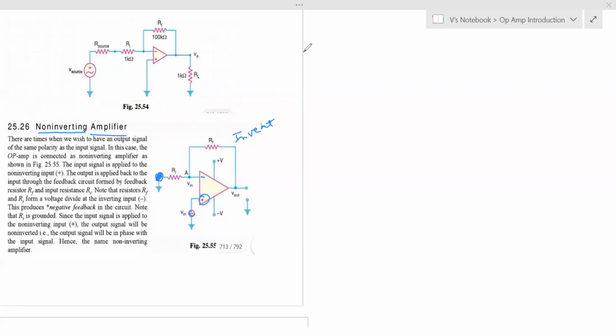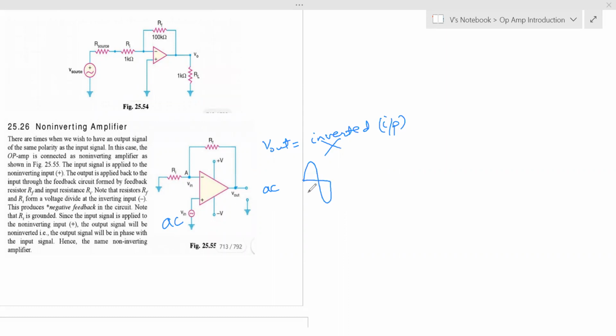Okay, and we have seen that last time when we connect input here, your output will be the inverted form of input, right? Input is inverted there. But for the non-inverting amplifier, no inversion takes place. So whatever input we are providing, your AC input will have the same AC output, same phase.